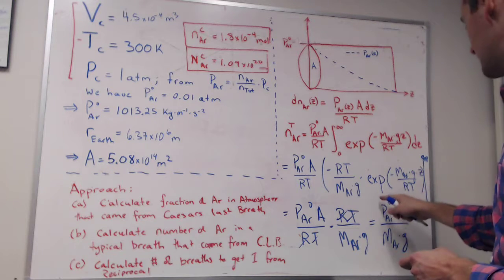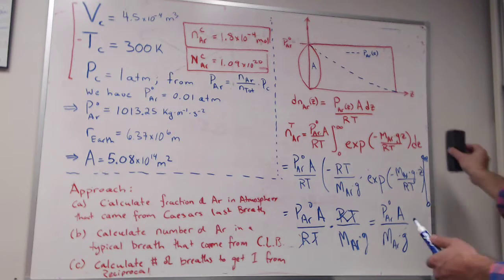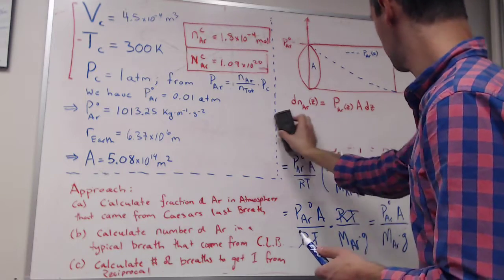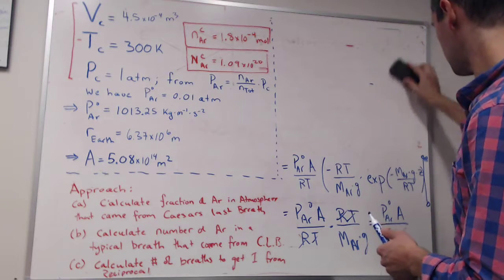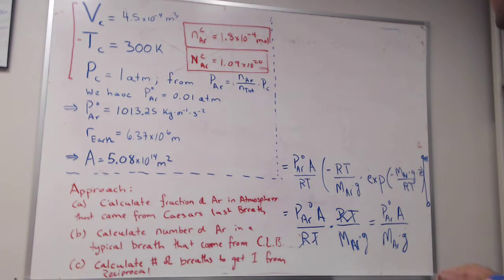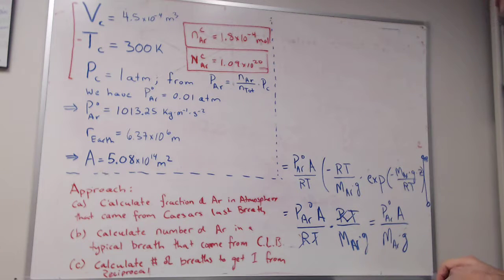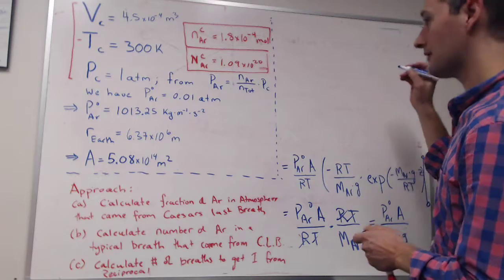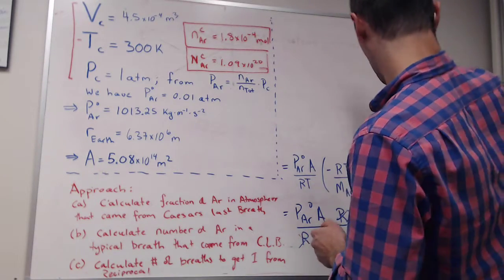Of course, I'm going to need some more space to do this, so let me go ahead and make that space by erasing this stuff. Okay, so what's P of argon at the surface of the Earth? That's going to be 1,013.25 kilograms per meter per second squared.